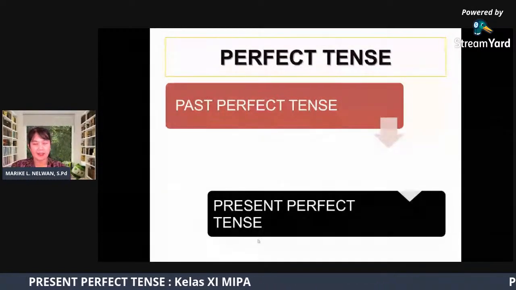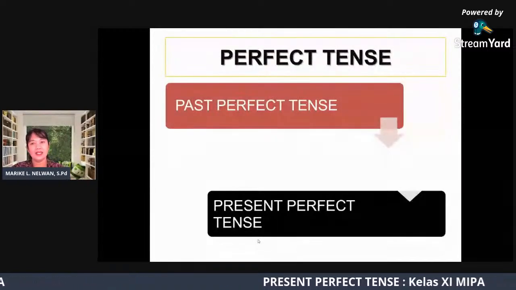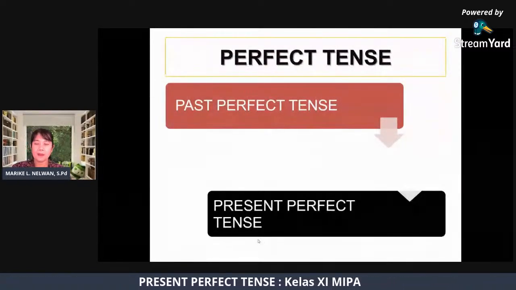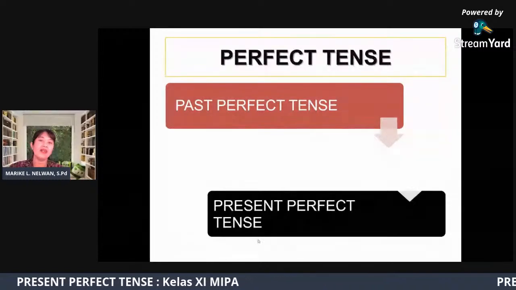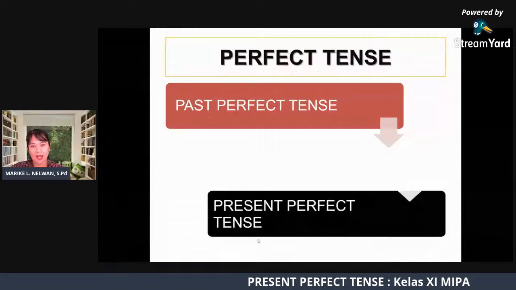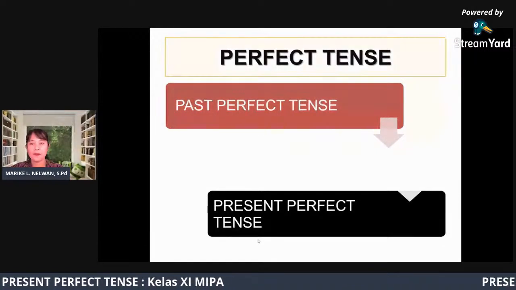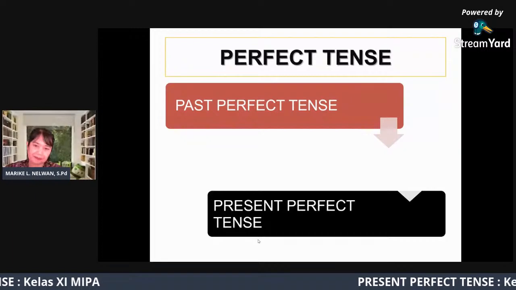And the tense that we studied last meeting was about past perfect tense. It's time now to try the bigger one, that is about present perfect tense.